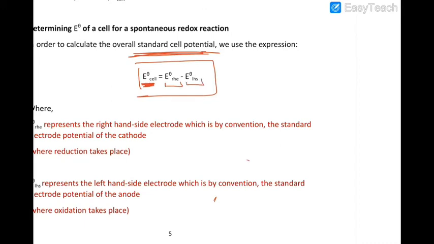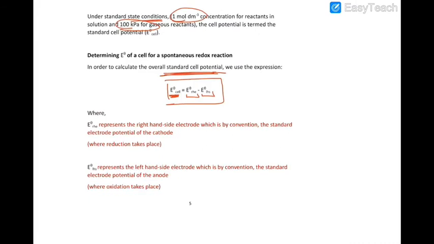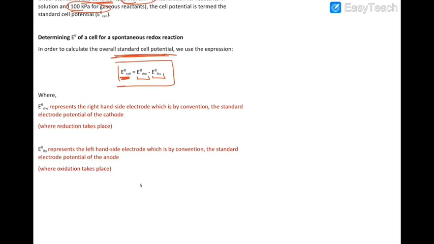So by convention, the right hand side is the cathode, and at the cathode you have reduction, and by convention the left hand side is the anode. Remember when we were drawing the cell diagrams, so you have the salt bridge and you have, let's say, zinc solid, Zn2+ in solution with Cu2+ aqueous and then Cu solid.